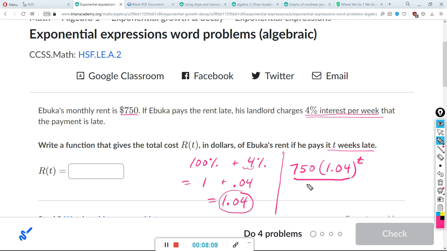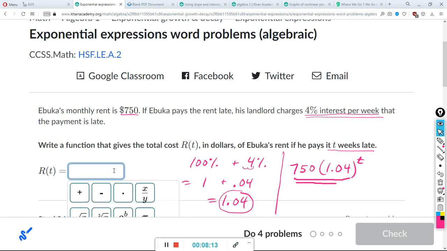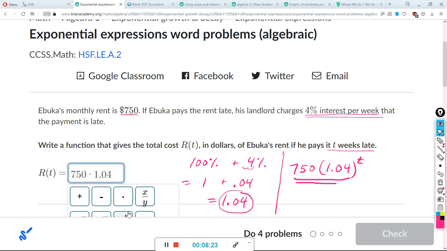So this is our final answer right here. 750 times 1.04 and raise that to the power of T.